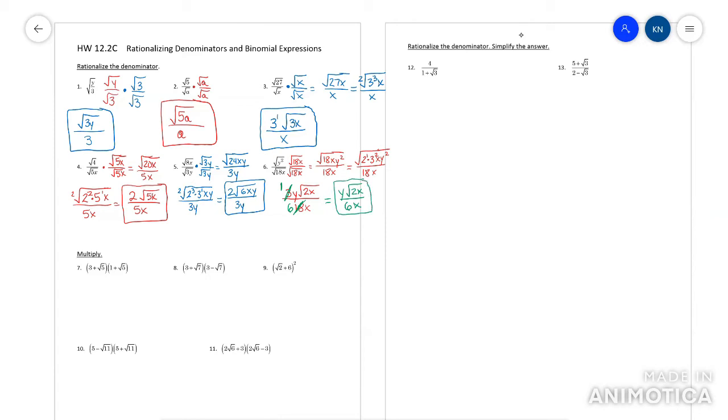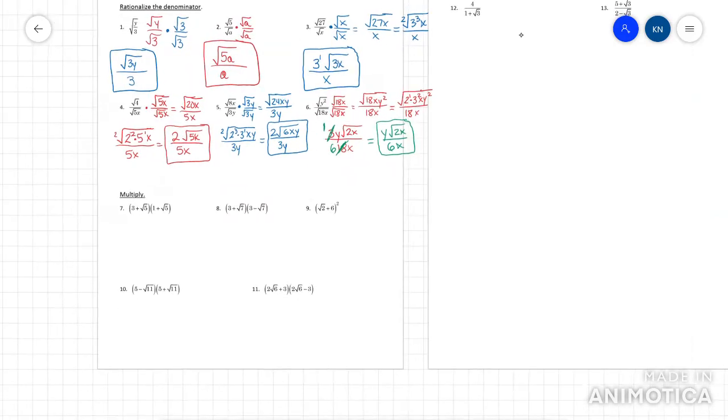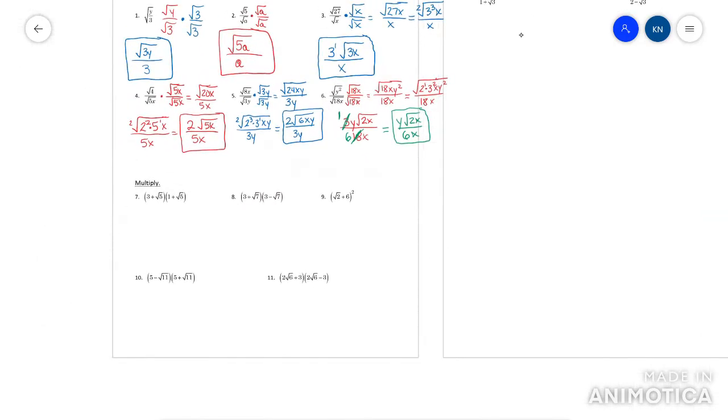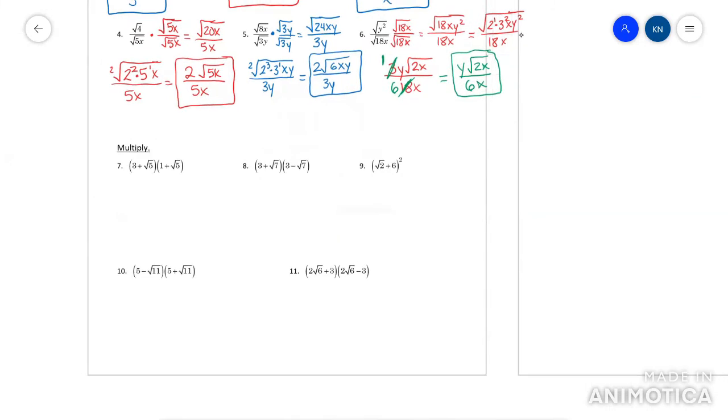Now, sometimes when you rationalize these denominators, it's a binomial down there. These are a little bit more tricky. And so let's first run through some FOIL and see what it's going to look like when we multiply these out. So I'm just running FOIL here. First is 3 times 1, which is 3.